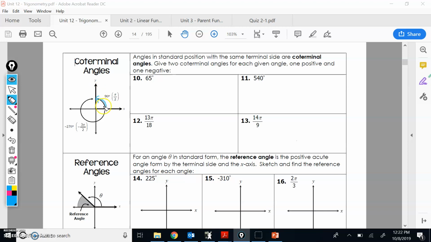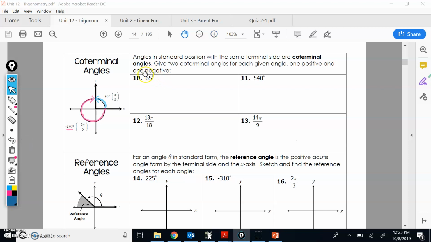But negative 270, or negative 3 pi over 2, travels in the opposite direction, 90, 180, up to 270. So both angles end right here. They are coterminal angles.